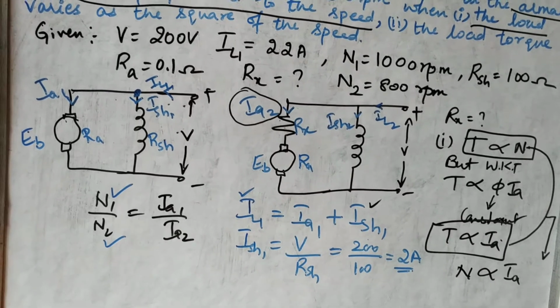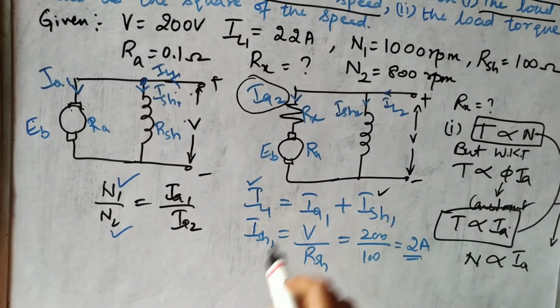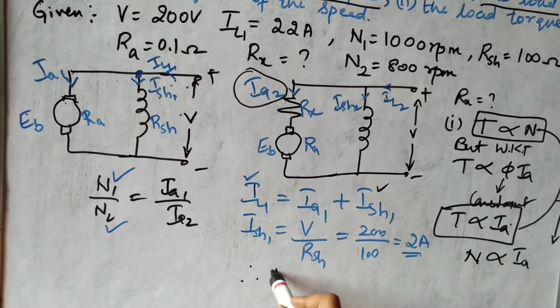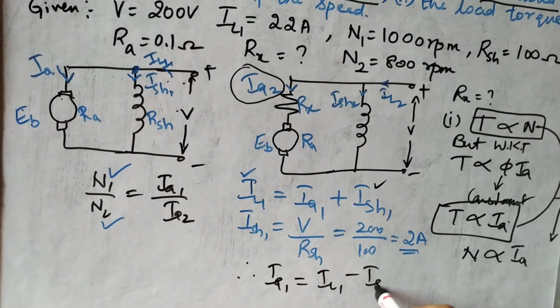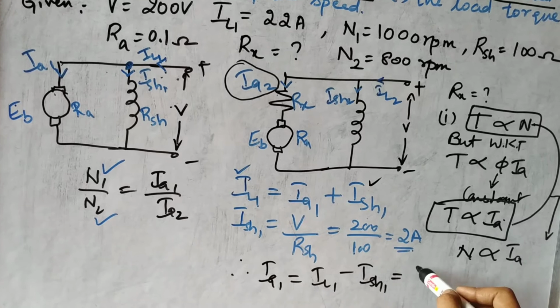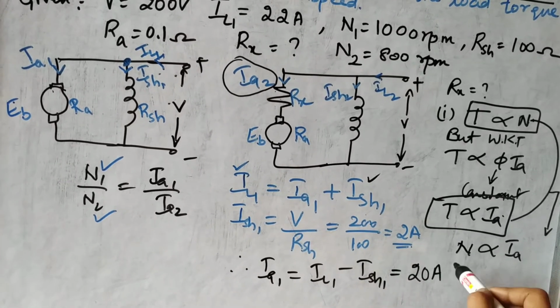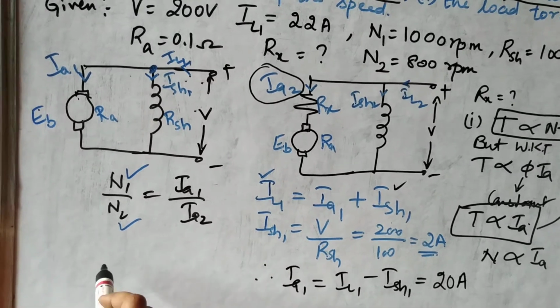So from this we can find out the Ia1 value. Therefore, Ia1 is equal to IL1 minus I shunt 1. IL1 is given as 22, and I shunt 1 is 2 amperes, so it leads to 20 amps. Once you know Ia1, let us substitute here.